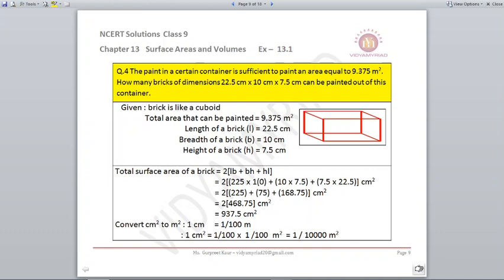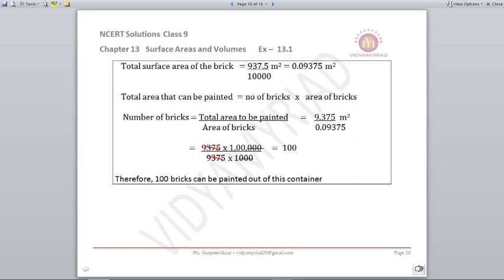Now this 937.5 centimeter square, I will convert it into meter square by dividing it by 10,000. Your decimal place will shift 4 places towards the left. So it becomes 0.09375 meter square. Now I need to find out the number of bricks that can be used.